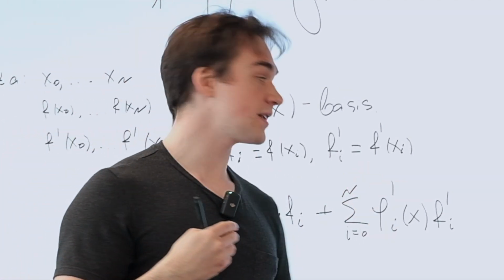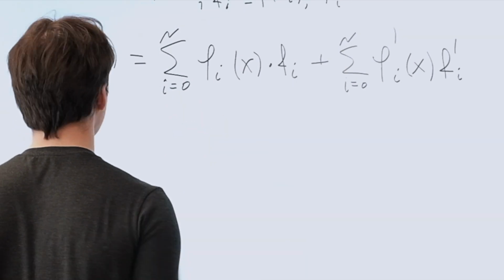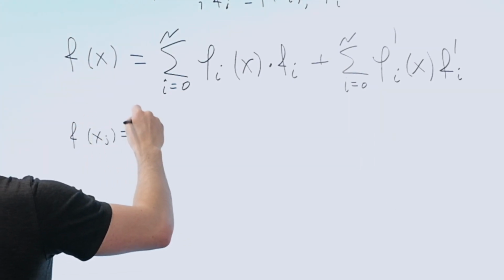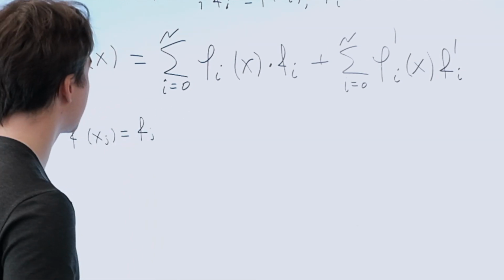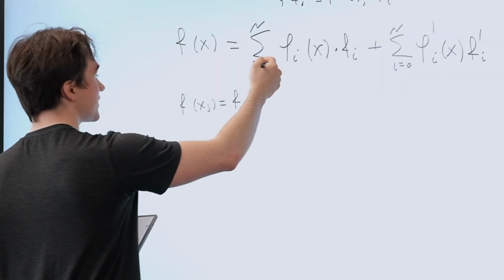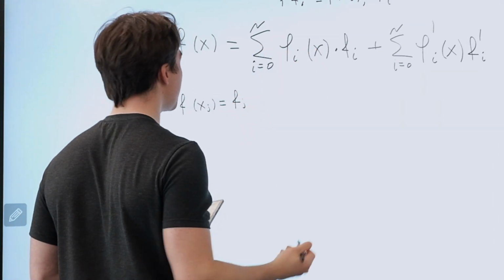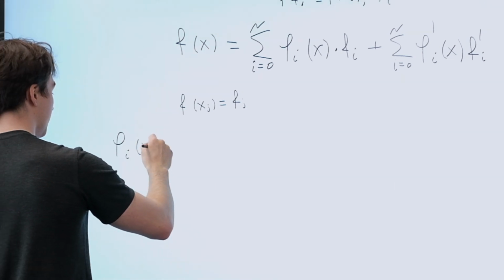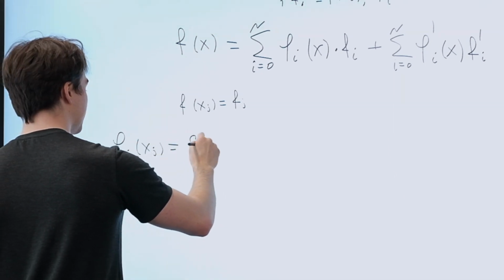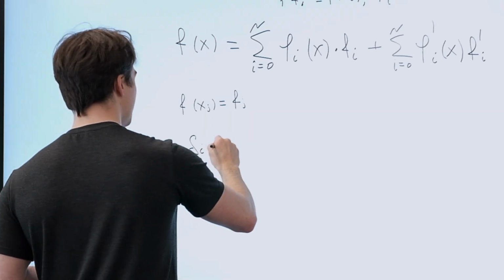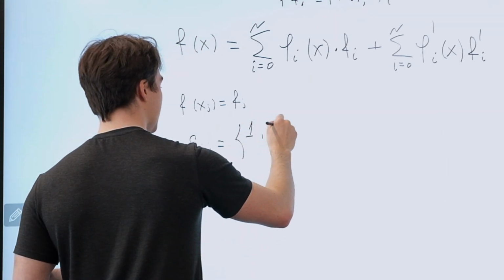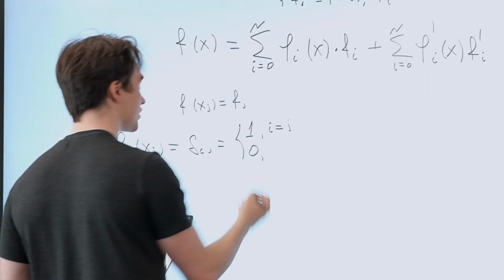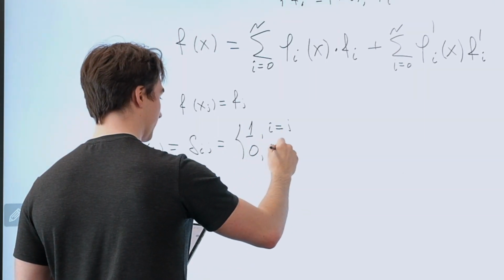As previously, we want our function to satisfy f of x j equal to f j, and we can enforce the condition on our basis function phi as follows. We want phi i at point x j to be the Kronecker delta ij, which is equal to 1 if i is equal to j, and equal to 0 if i is not equal to j.